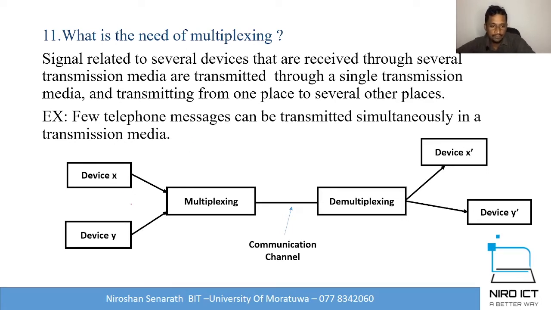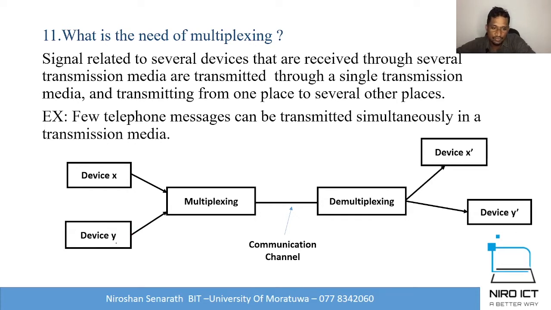For that purpose I will explain using this diagram. Think this is device X, which uses some type of transmission media like you learned in the previous sessions. Then you have a clear idea about transmission medias.